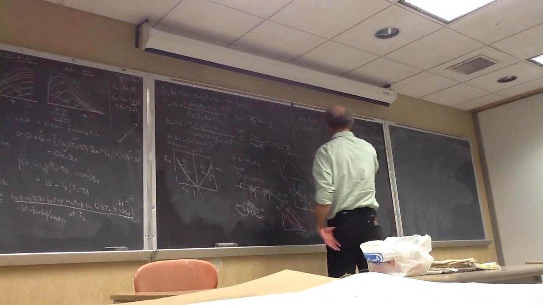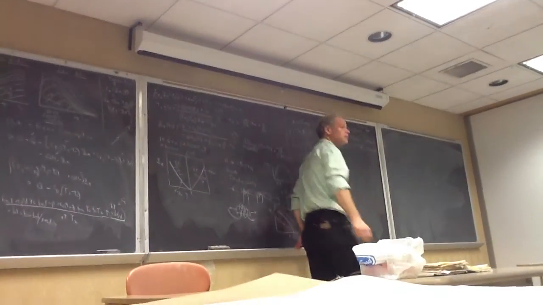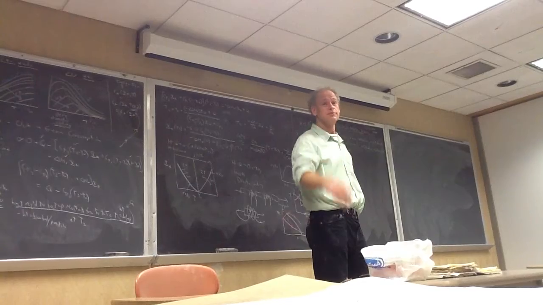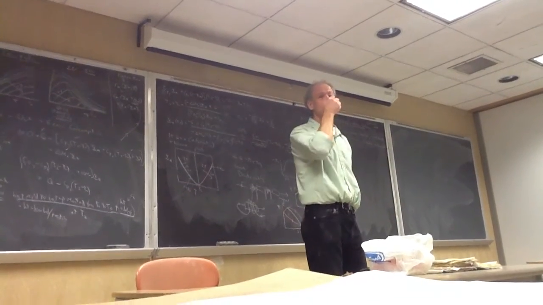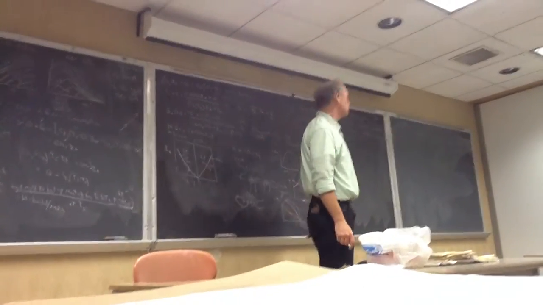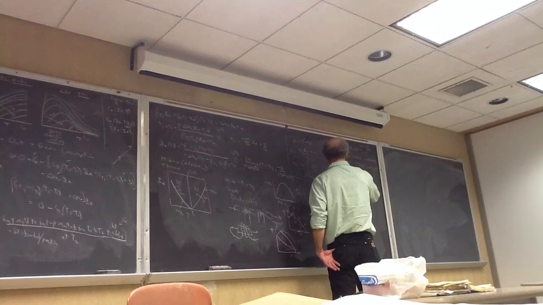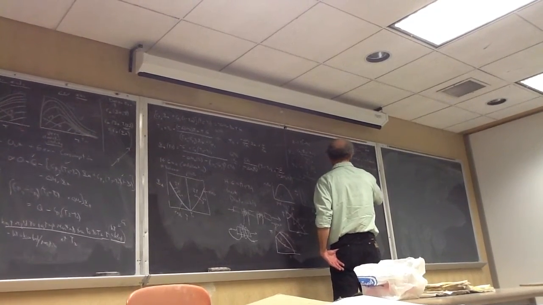What's the rate? A goes to products. Minus RA is equal to what? Right, K times CA. And K is K0 e to the minus E over RT.